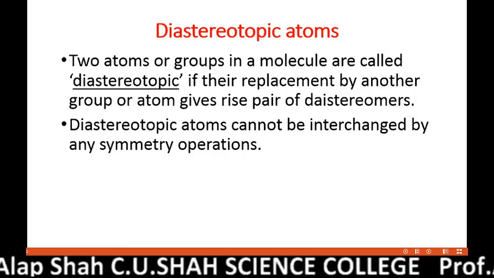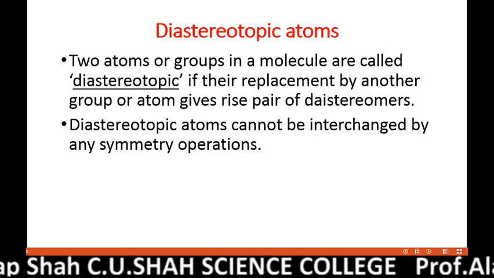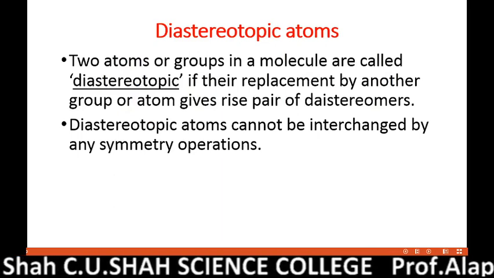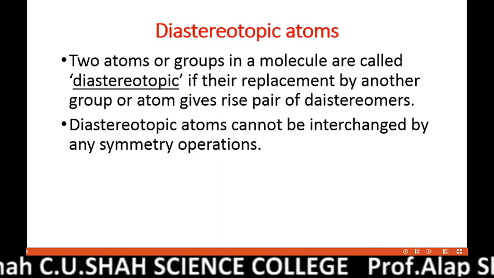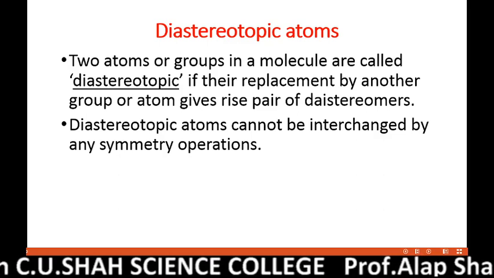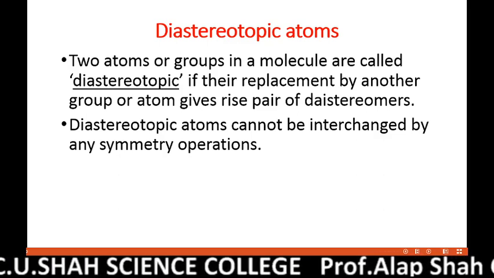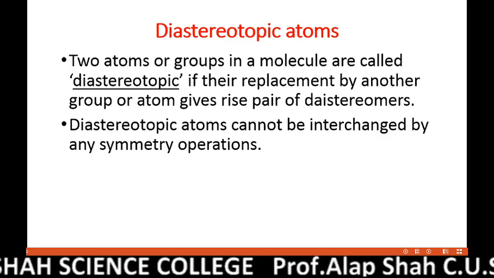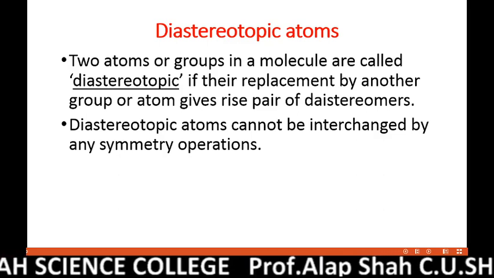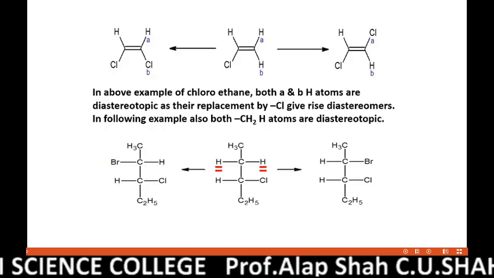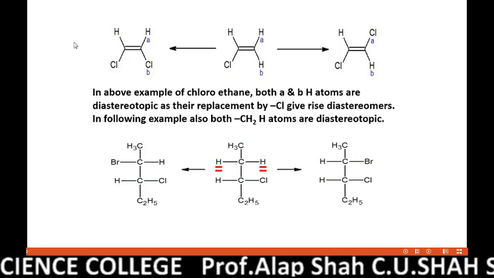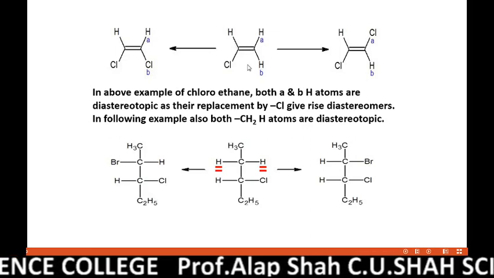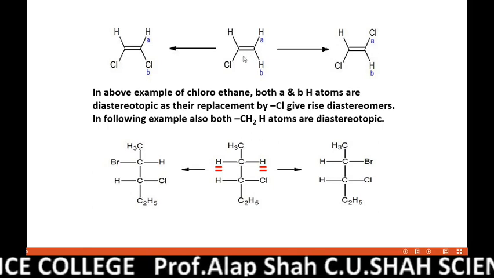Now let us discuss diastereotopic atoms. Diastereotopic atoms of a molecule are those whose replacement by some common group or atom gives rise to a pair of diastereomers. So you can see that this structure is chloroethene, also called vinyl chloride.